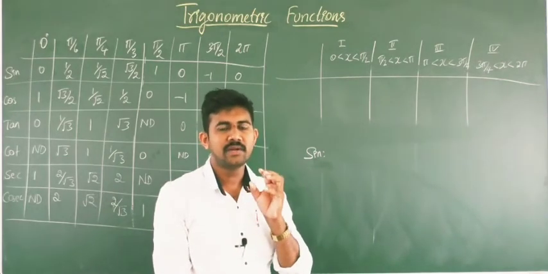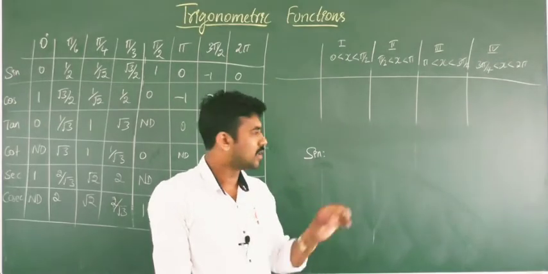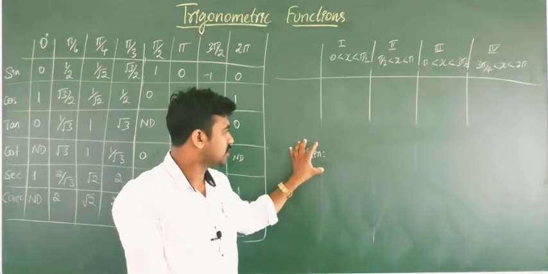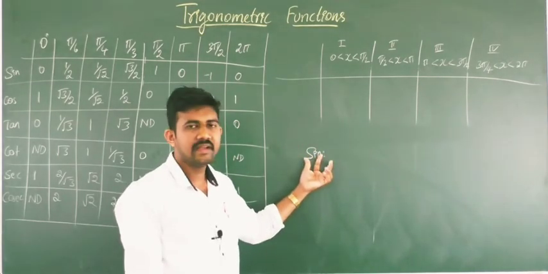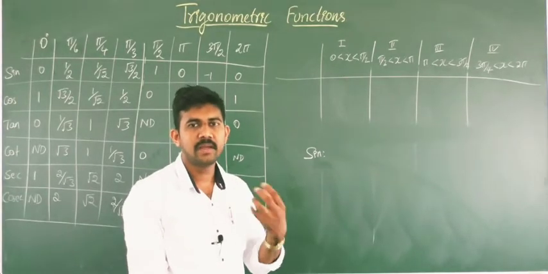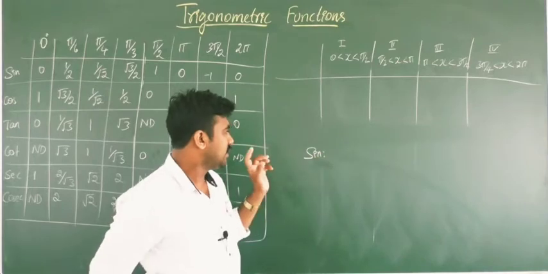Every element of the domain must have a unique image in the codomain, then only we can say that relation is a function. So a trigonometric function is also a function, and the same condition should hold.